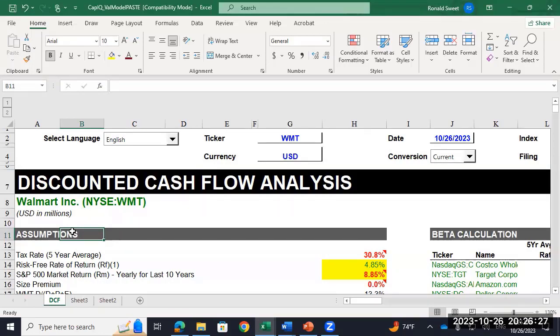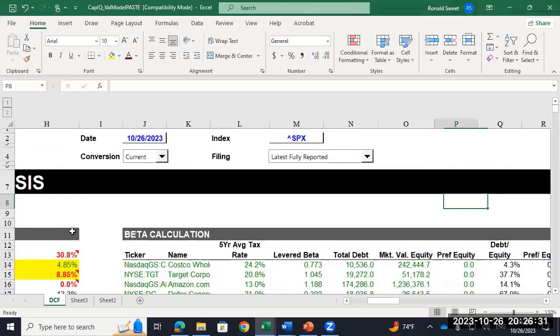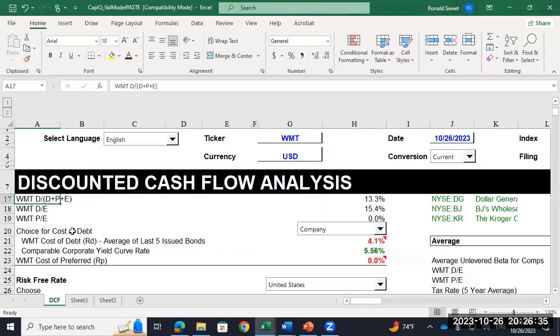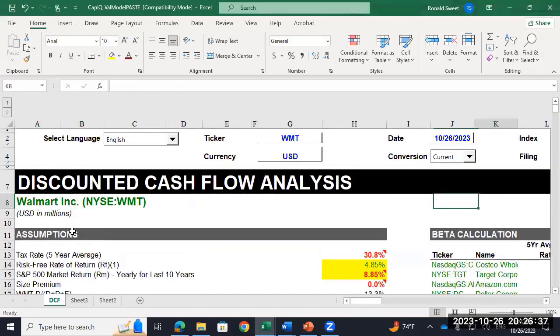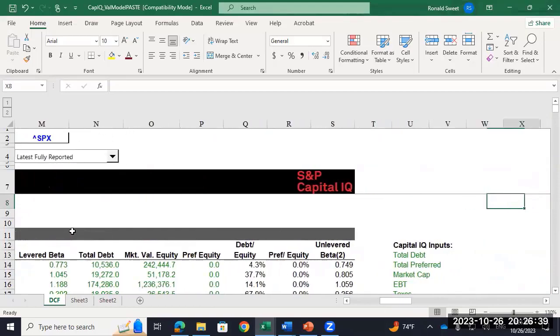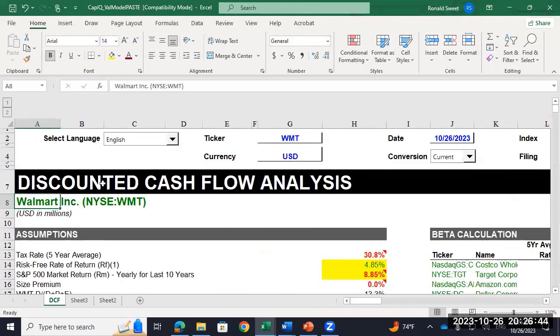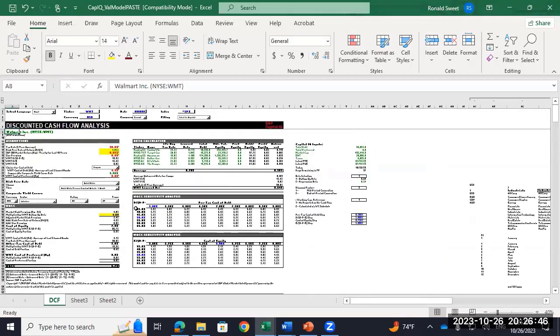All right, so let's look at the competitors. Let's see what y'all think about the competitors, because there is another model in here. I can't remember where it is. Let's see if I can shrink this down some.